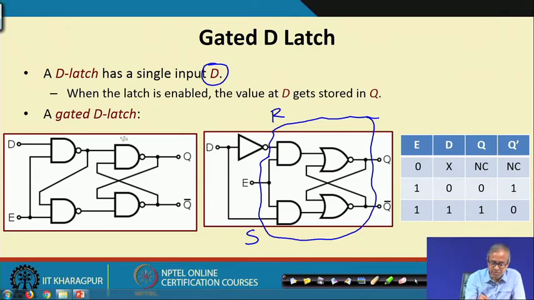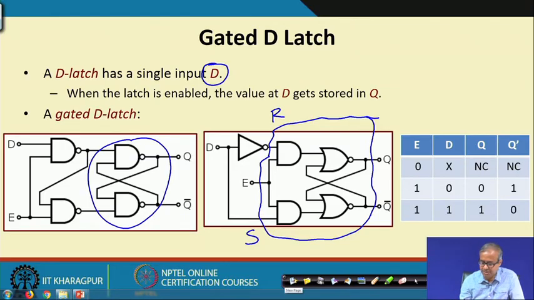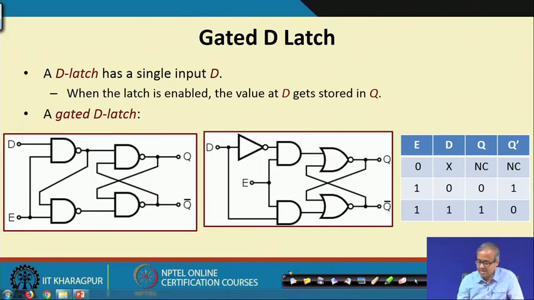If you start with a NAND based design, then your design can be like this. You can save one inverter here, meaning one gate less is required. When enable is 1, D will become D bar, this D bar can be fed here and you can directly connect here. So, these are two alternate designs of a D latch.